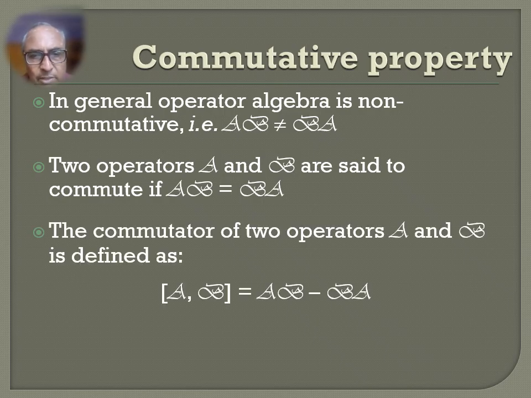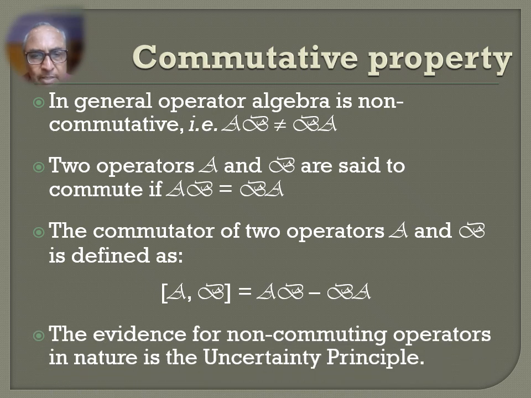The commutator of two operators, A and B, written in terms of the square bracket A comma B, is defined as AB minus BA. The evidence for non-commuting operators in nature is the uncertainty principle.